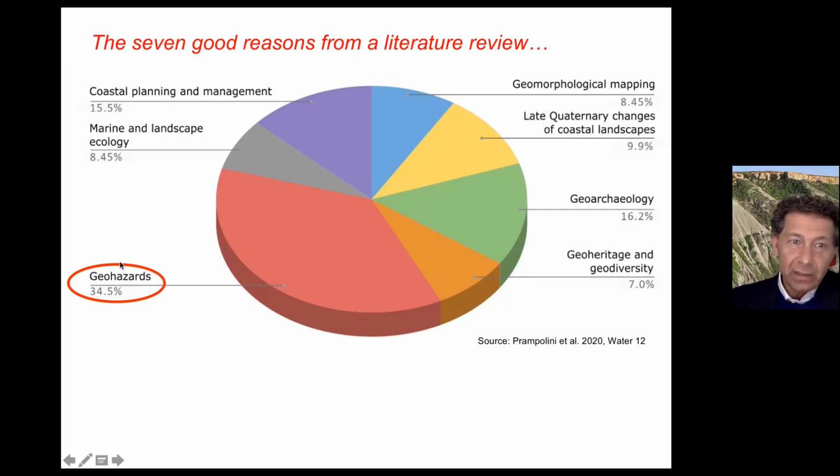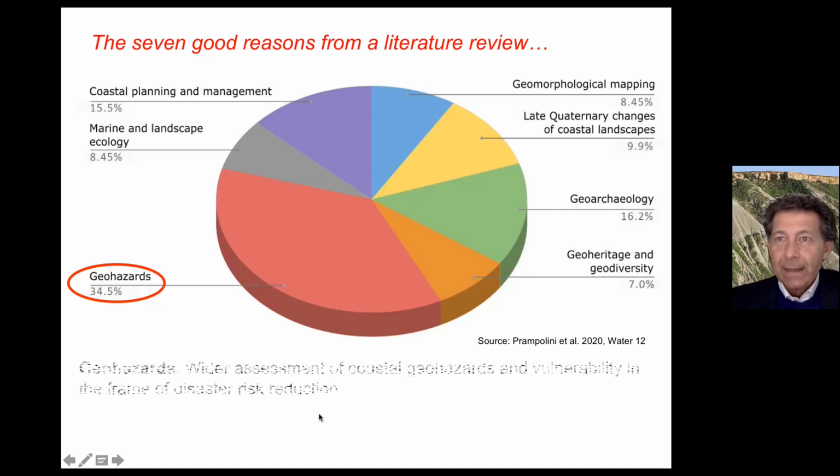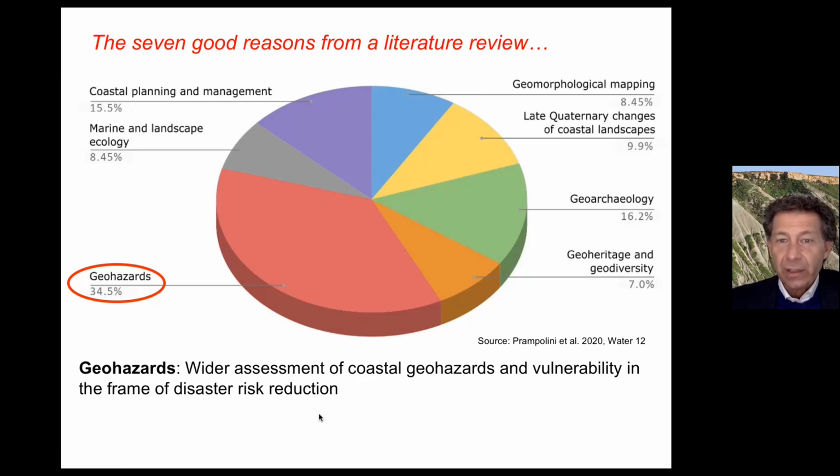So geohazard papers are 34.5% of all the papers that we were able to collect. And geohazard, of course, as we have seen, are very important. The study, in an integrated way, of terrestrial and marine data sets is very important for the assessment of coastal geohazard and vulnerability.